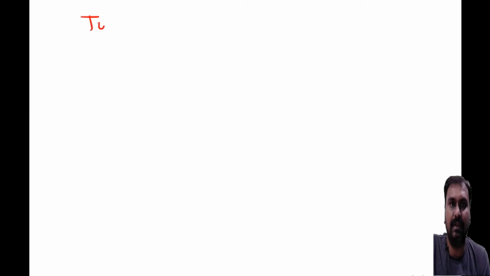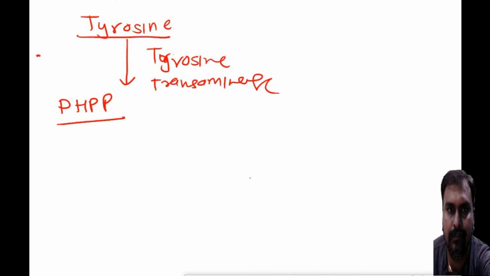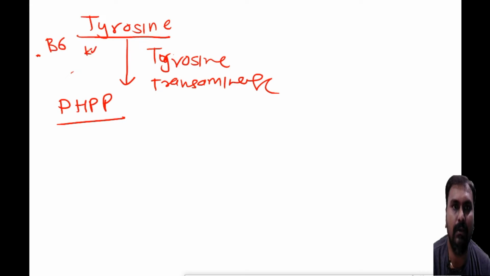Now what will happen to this tyrosine? Tyrosine is converted to PHPP, para-hydroxyphenylpyruvate, by the enzyme tyrosine transaminase. Here it requires vitamin B6, and alpha-ketoglutarate is converted to glutamate.